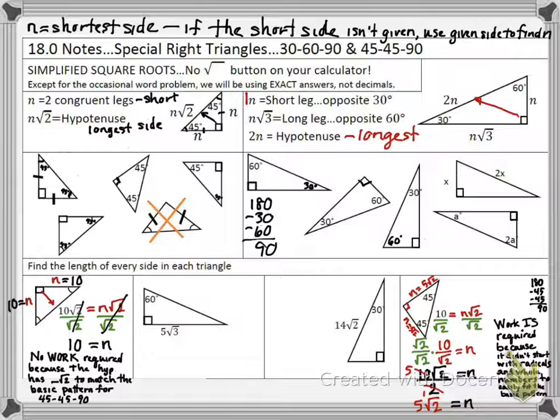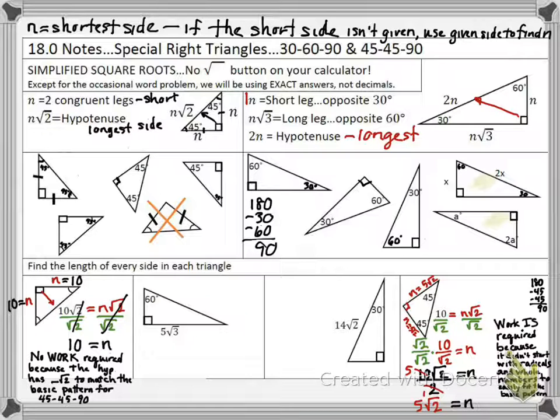But one that's not as obvious to a lot of us is these last two examples. If you have a right triangle, and the hypotenuse is twice as long as the short leg, it's got to be a 30, 60, 90. And the short leg has 30 degrees opposite from it and 60 degrees here.